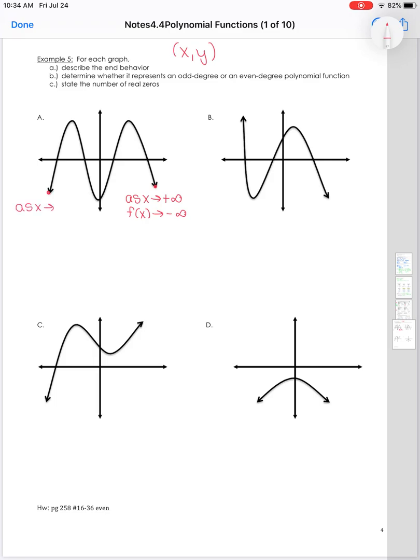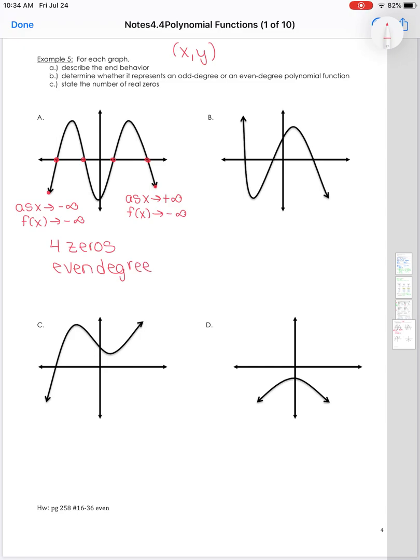So for A, if I look at this arrow, I'm in quadrant number 4. That means my x should be positive and my y should be negative. So my end behavior is as x approaches positive infinity, f of x approaches negative infinity. And there's my end behavior for that. For the guy over here, I'm in the third quadrant, so they should both be negative.